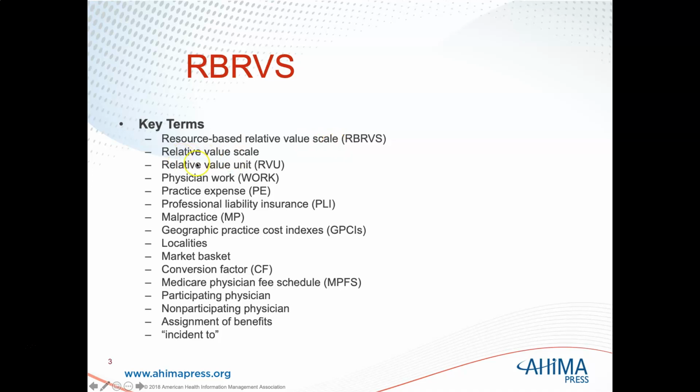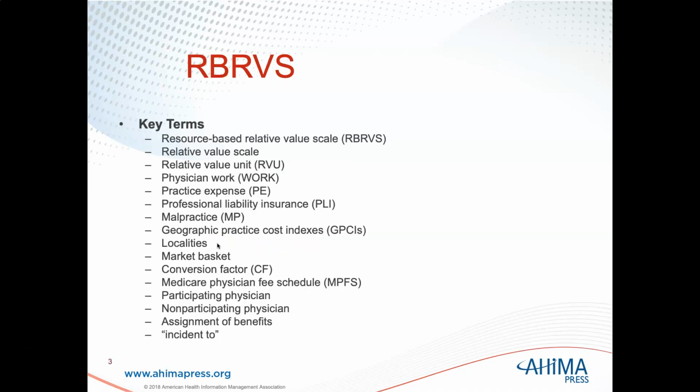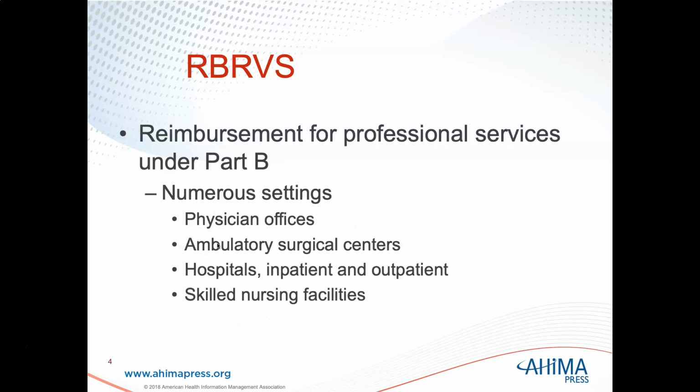You've got relative value scale, relative value unit, RVU, physician work, practice expense, professional liability insurance, malpractice, geographic practice cost indices, shouldn't be indexes, but it should be indices, localities, market basket, conversion factor, Medicare physician fee schedule, participating physician, non-participating physician, assignment of benefits, and instant 2.